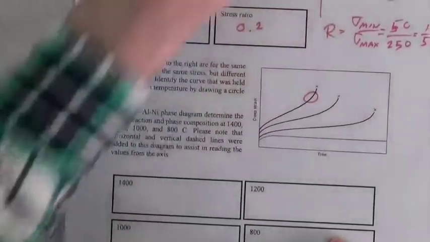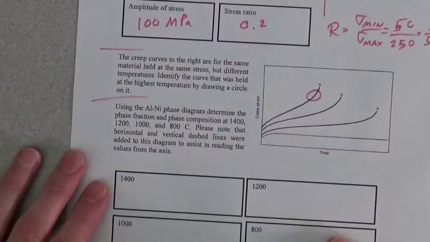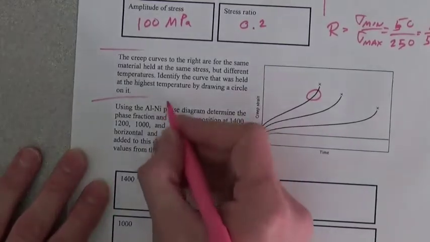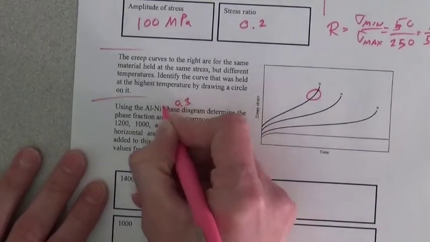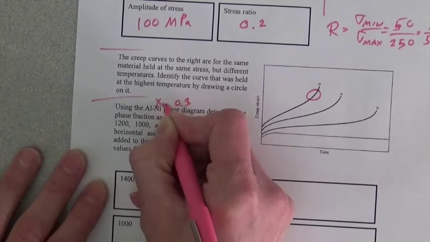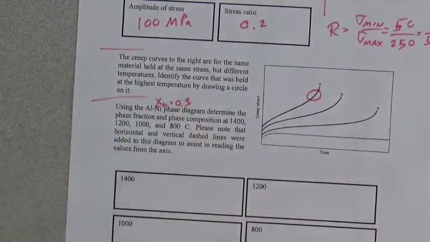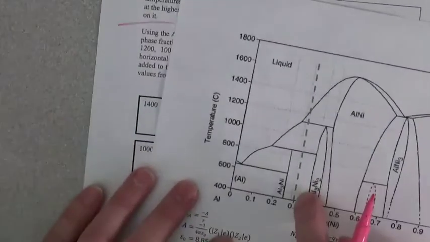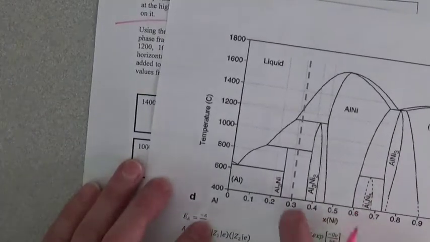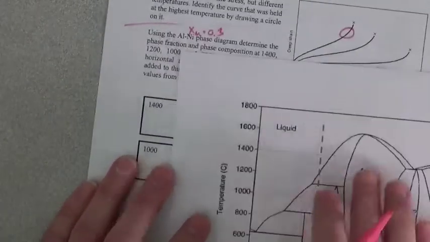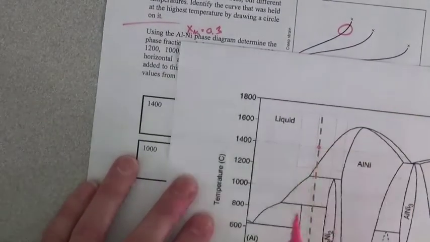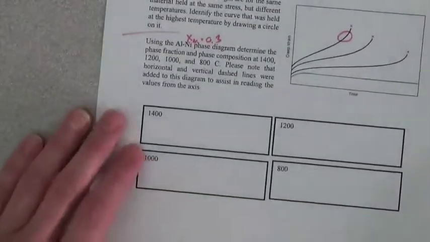The next problem is a problem of reading phase diagrams, and X Ni equals, so I chose 0.3, and I mentioned that in class. So that is the thick dashed line at 1,400 right here. This is 100% liquid.